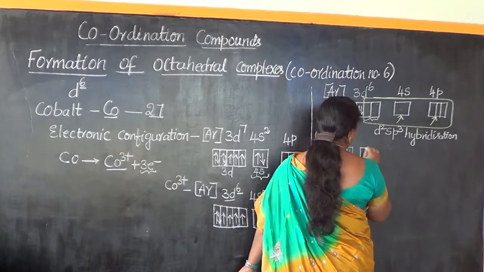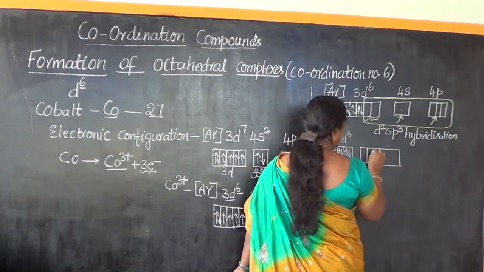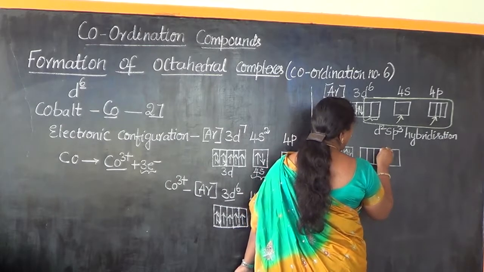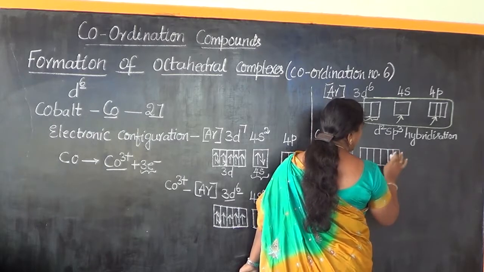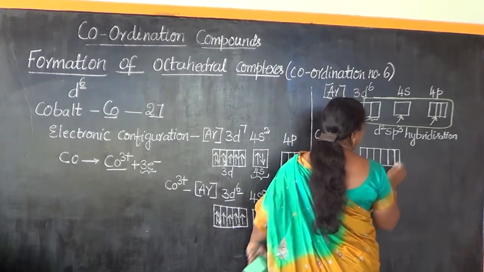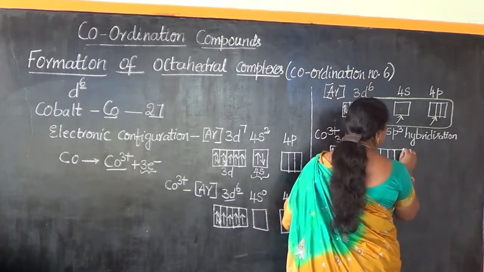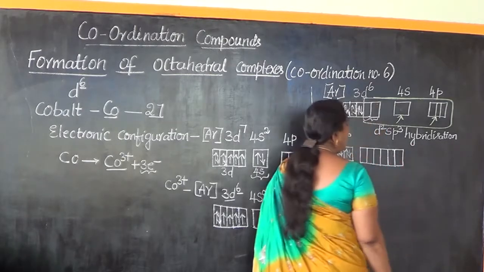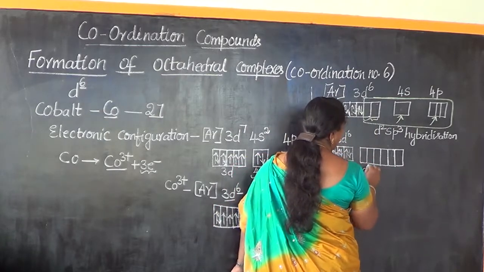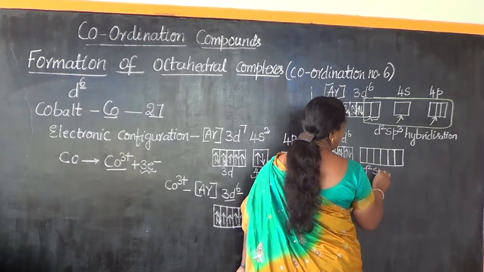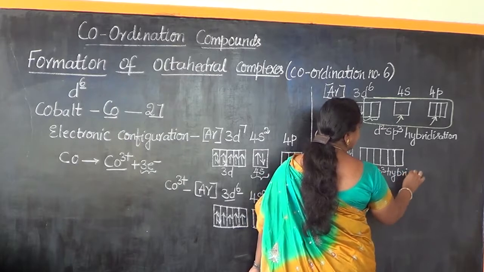6 hybrid orbitals which now possess the same amount of energy. Before hybridization, these atomic orbitals possessed a difference in the amount of energy. Now, after the process of hybridization, they possess the same amount of energy. What are these? These are d2sp3 hybrid orbitals.